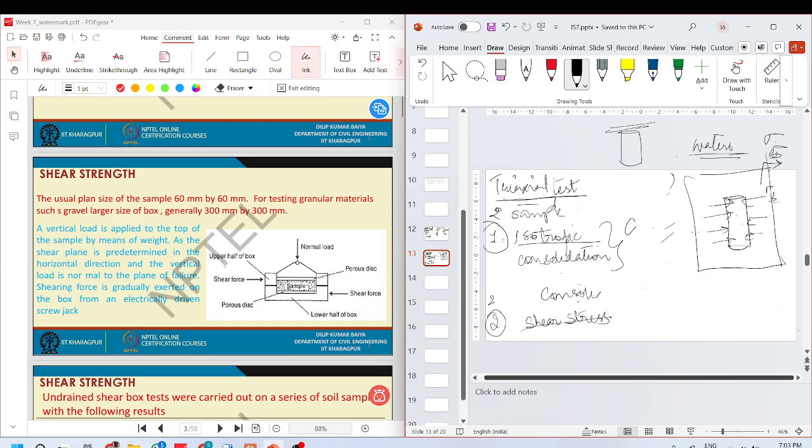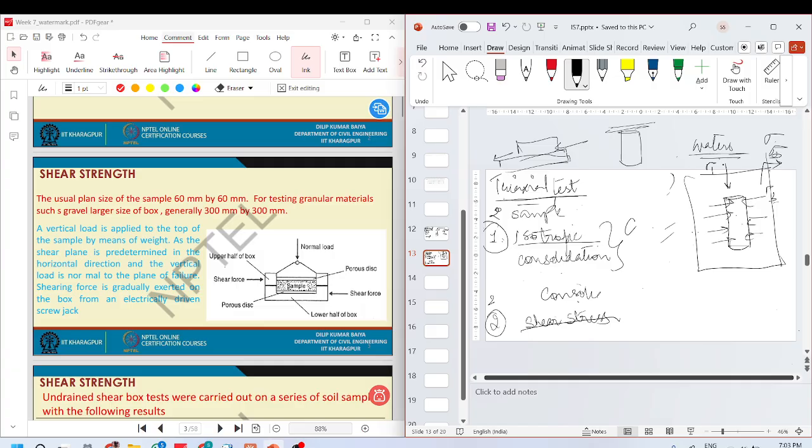Actually, like in direct shear test, what we did was we applied a tangential kind of stress relative to the other portion of the body. What we do is we increase the stress. This is called the deviatoric stress.